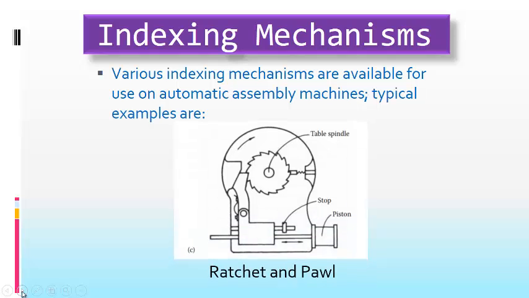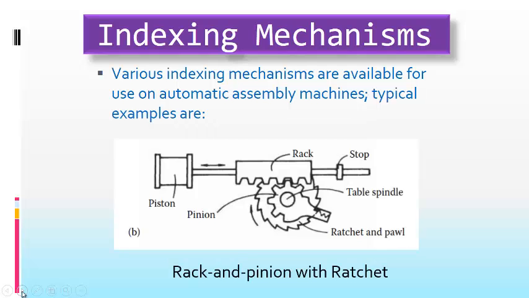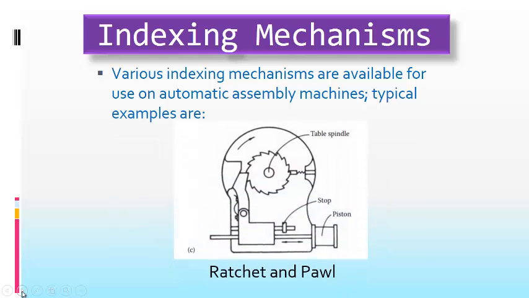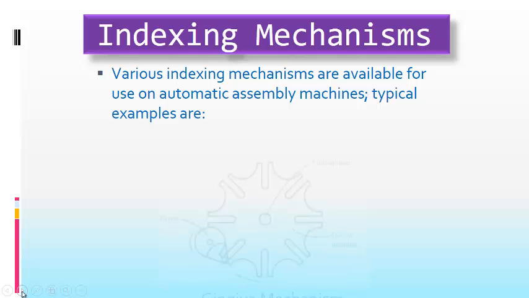Then ratchet and ball: the piston is moved with the ratchet, but the ratchet is not in a straight line like the previous one; it is inside the ball over the piston, and that means you need a cam instead of having the ratchet directly connected to the rods, right?